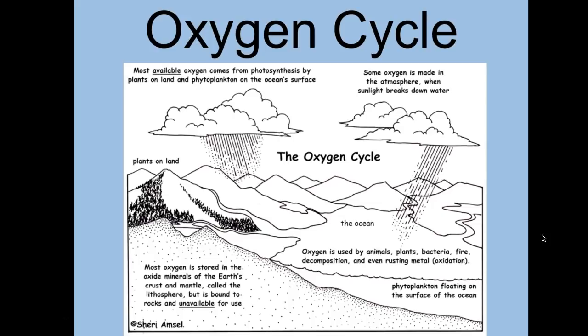You have to have a fuel source and heat, but you also have to have oxygen in order for fire to be created. And we talked way back in chemistry about the process of oxidation, when, for example, a metal is exposed to oxygen and it creates rust. All of those things are processes that use the element oxygen.